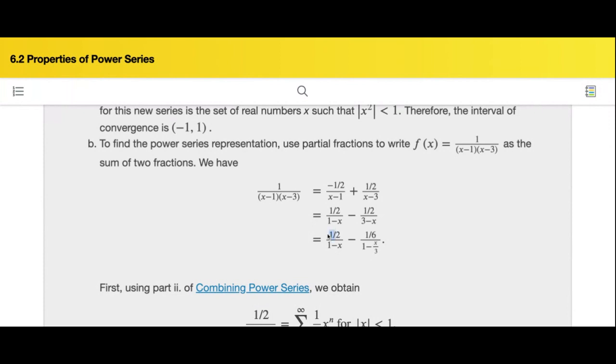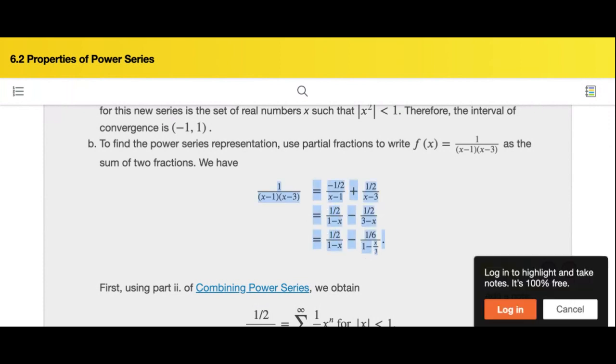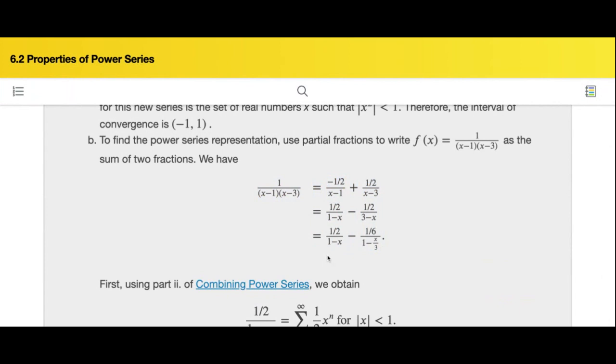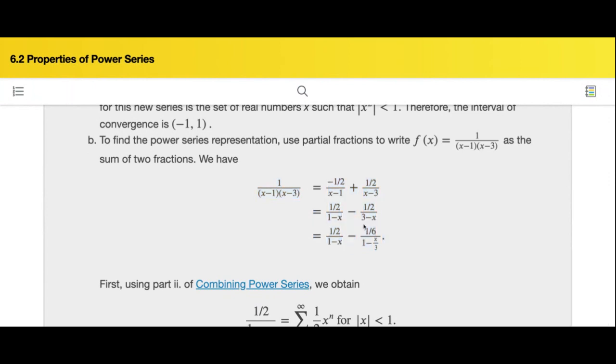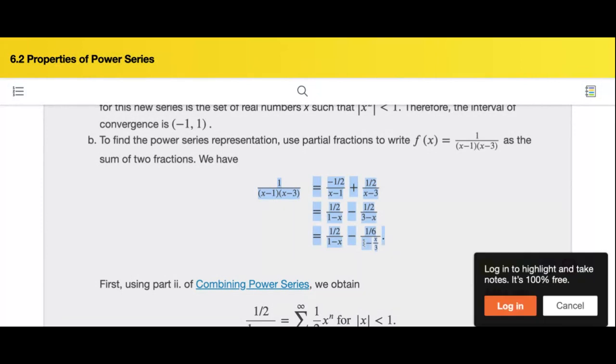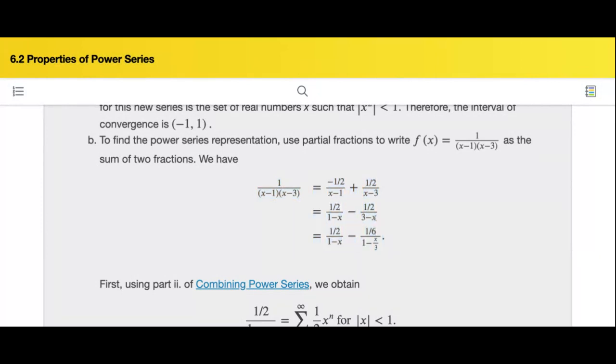Here a is the first term in the geometric series, and r is the ratio. So half is the first term for the first one, with 1 minus x. And then for the second one, we want to change this 3 to be 1. So we factor out the 3, so the first term becomes 1, and then x becomes x over 3.